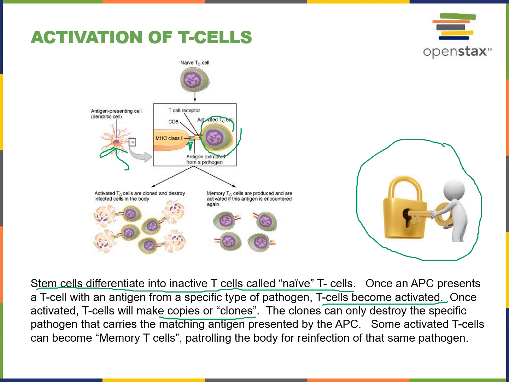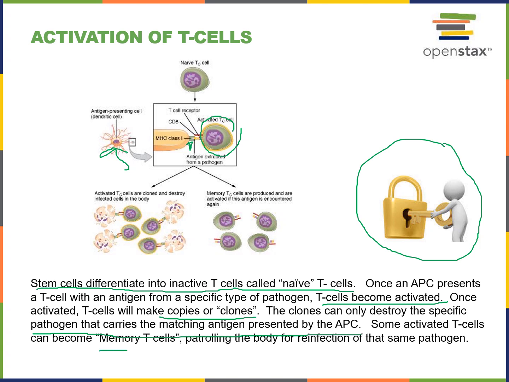And that's a good thing, because it's like you only had one soldier that can recognize the enemy. Now you have a million soldiers that can recognize the enemy. So it's that idea. So these clones can only destroy the specific pathogen that carries the matching antigen presented by the antigen presenting cell.